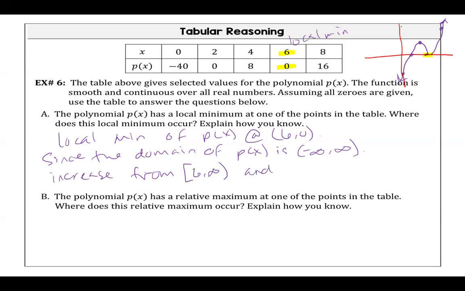I wrote it backwards and I apologize. I should have written the decrease first because on a minimum, what happens first? You decrease, then you increase. So I apologize for inverting those things in my brain. And we decrease from, where are we decreasing? From 4 to 6. So therefore, X, have y'all?